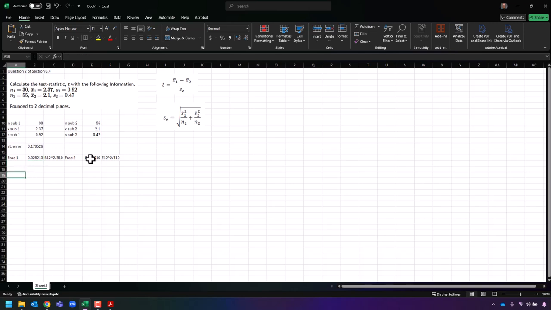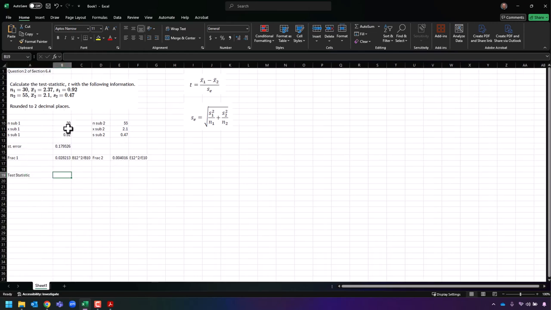Now to find the test statistic, I need to do the difference of the x's, the means, divided by the standard error. And so to do that, oops, I want an equal sign, not a plus. I'll just take x sub 1 and subtract x sub 2.